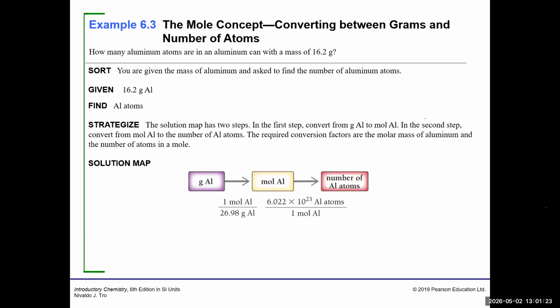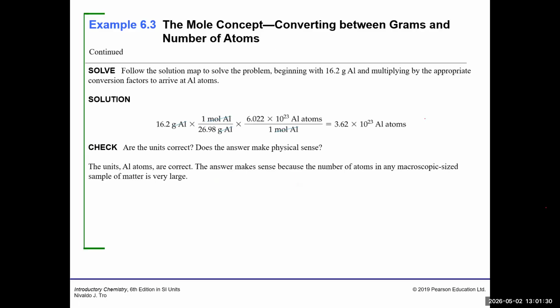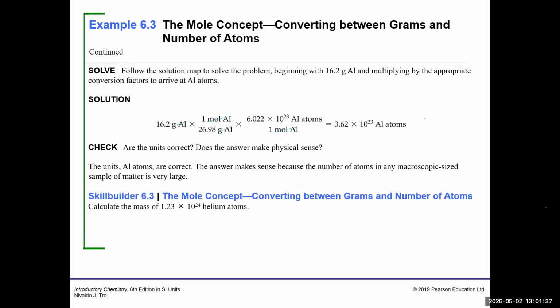Now you have the relationships that I told you already. The solution is 16.2 grams of aluminum times 1 mole of aluminum divided by 26.98 grams of aluminum, times 6.022 times 10 to the power of 23 aluminum atoms divided by 1 mole of aluminum, which is equal to 3.62 times 10 to the power of 23 aluminum atoms.